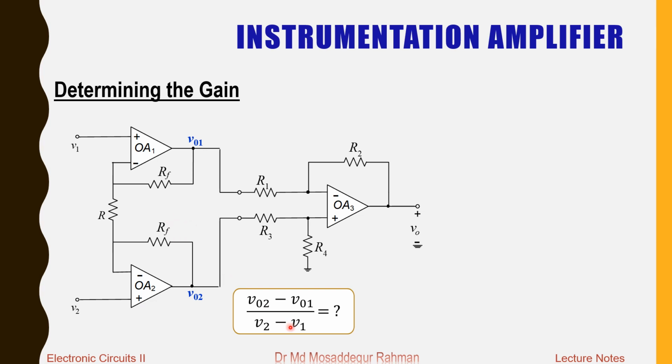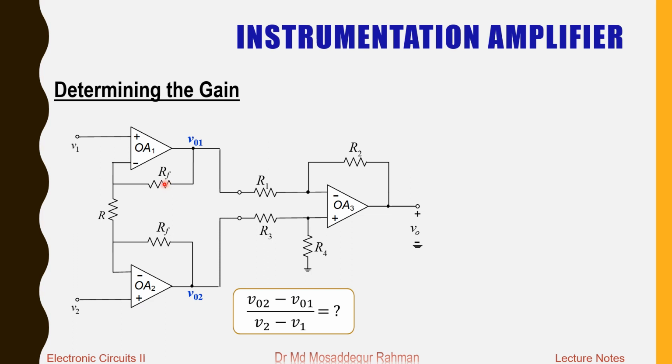In order to determine this, first we need an expression for the voltage difference V02 minus V01. How do you do that? We know the total resistance from this point to this point.